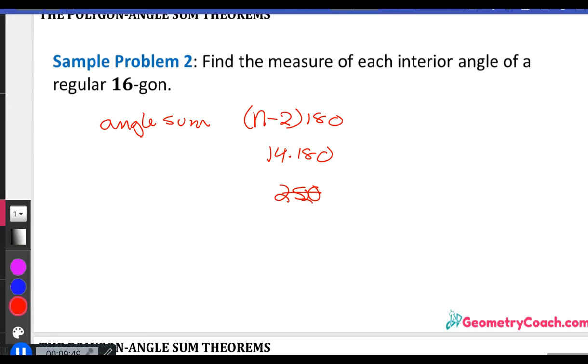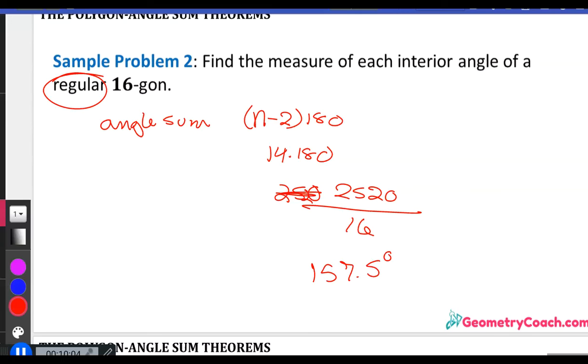So that is the sum. And then we're going to divide that by 16 because it's a regular 16-agon. If this is not regular, you cannot figure it out for the individual angles. You can still do the sum. So we got 157.5 degrees.